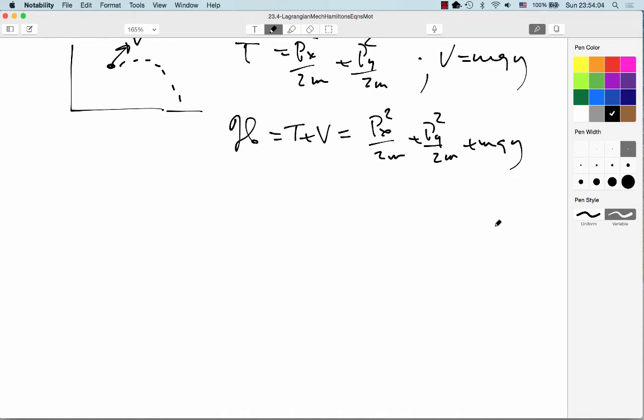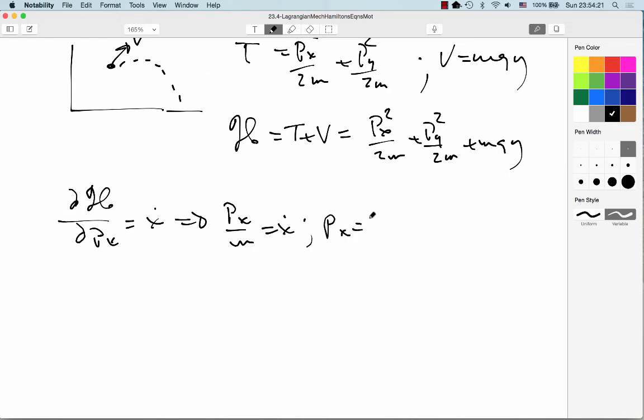Let's go ahead and write Hamilton's equations of motion for this. So we have partial H partial px is equal to x dot, so that gives me px over m equals x dot. So px is equal to m x dot, which I kind of already knew anyway. That's why I was able to write the p squared over 2m to begin with.